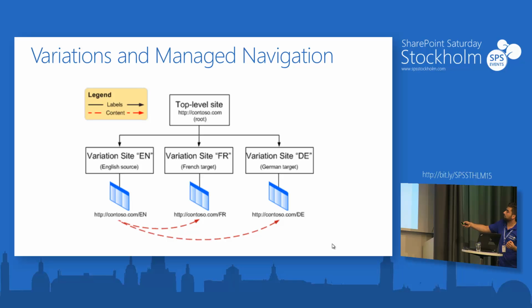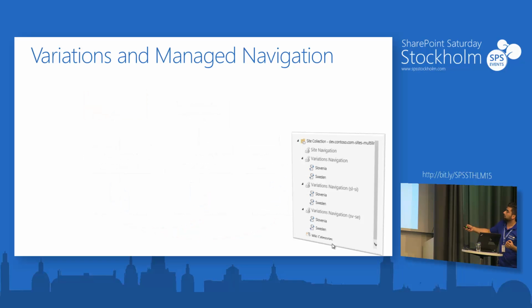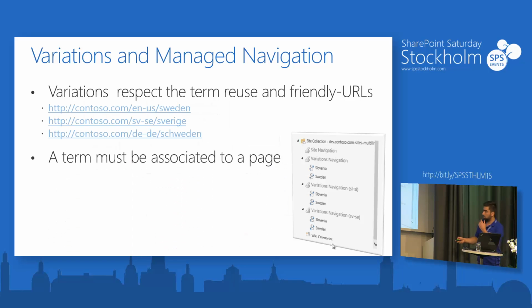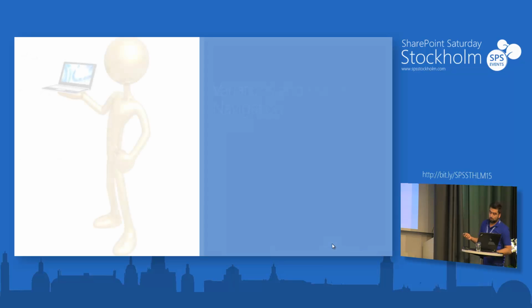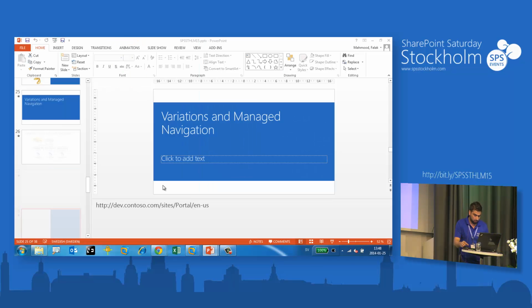The only way to make this possible while preserving the managed navigation across different sites is to associate a term set with a page. So the page together with the term will be moved from one variation label to another. Let's see a small demo of that.